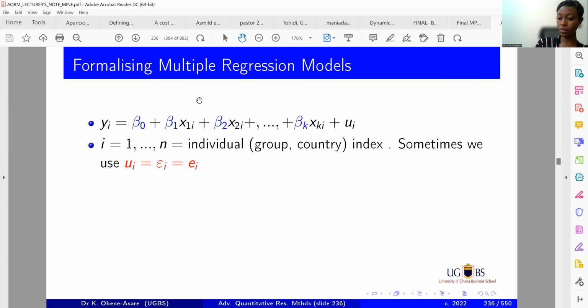So let's try to get a few things. In the standard regression model, what is it made of?